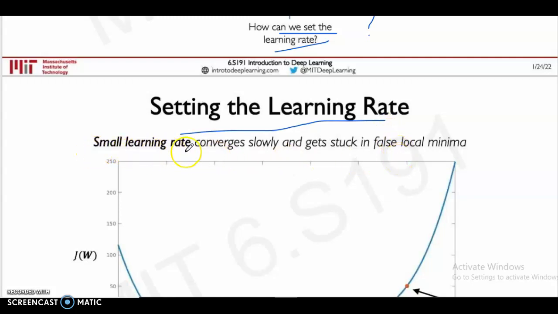A small learning rate converges slowly and gets stuck in false local minima.